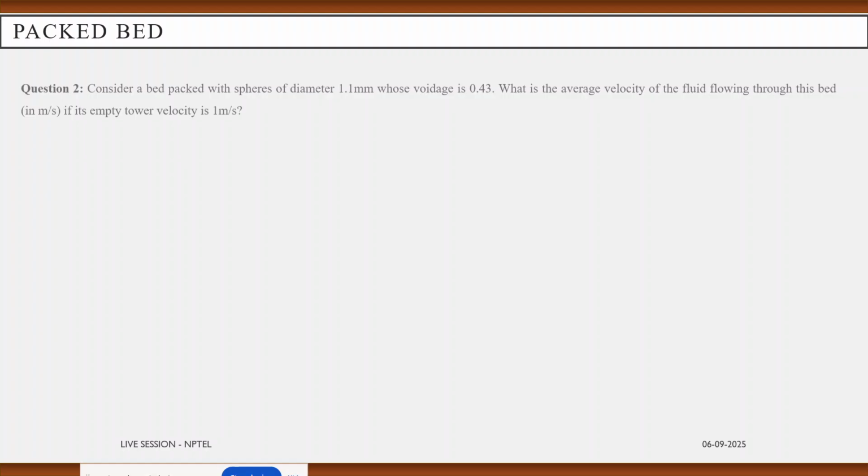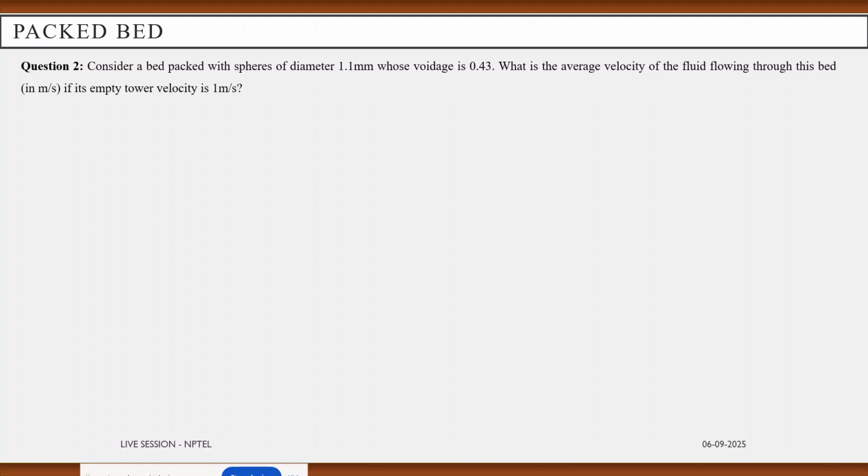So we will now solve the next question for today's session. Let's see what the question is. Consider a bed packed with spheres of diameter 1.1 millimeter whose void fraction is 0.43. What is the average velocity of the fluid flowing through this bed if the empty tower velocity is 1 meter per second? It is a very simple and small problem.